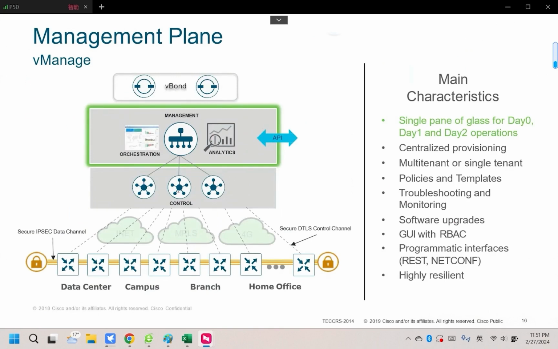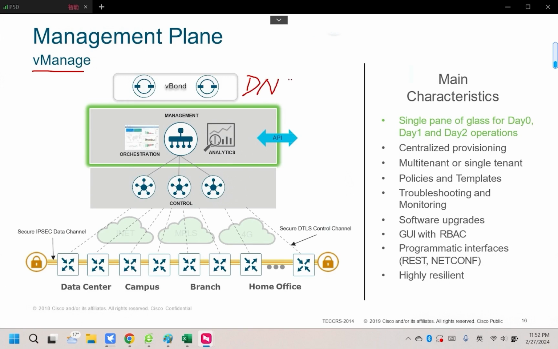Okay, this diagram is very important. We have already introduced the role of vmanage. Let's look at the other 2 roles, vbond and vsmart. In our entire architecture, vbond acts as an orchestrator, allowing our edges to find our vsmart and vmanage.